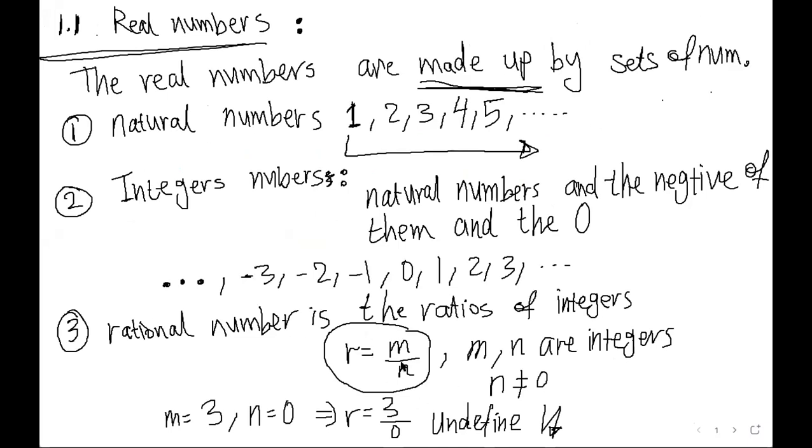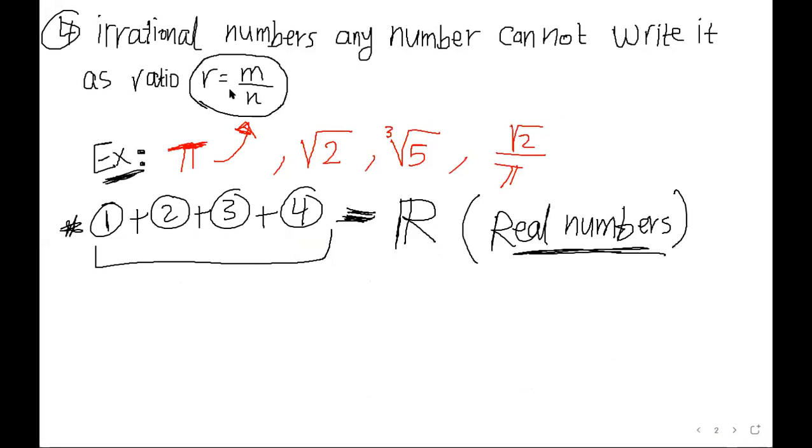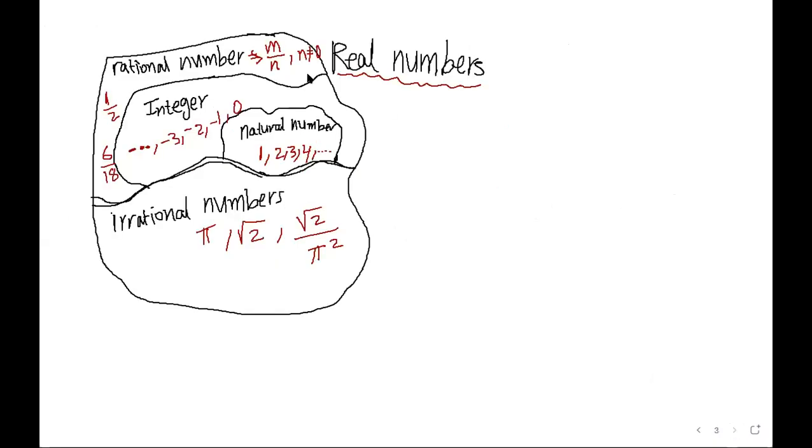Rational, anything of the form m over n, n not equal to 0, where m and n are integers. Irrational, anything I cannot write as a ratio of the form r equal m over n. Examples: pi, square root of 2, or whatever.